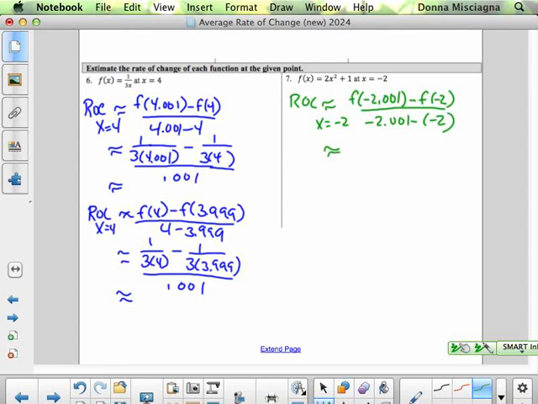All right, I'll plug it into this. I'm not going to even write it out because this one is a little bit longer. So we're just going to be plugging these values into that equation. And then we'll do it from the other side, which is f of -2 minus f of -1.999 all over -2 minus a -1.999.